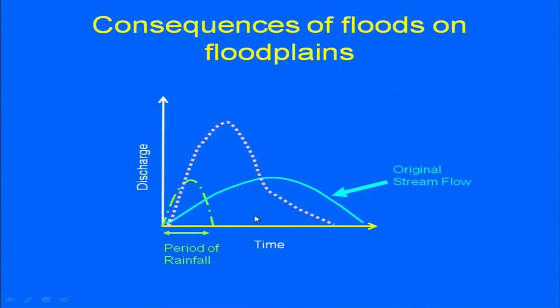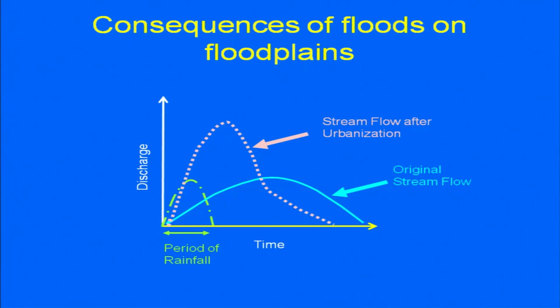The time taken to reach the maximum discharge was much larger before, but here the discharge is higher and the time taken is very short. This is the stream flow after urbanization.